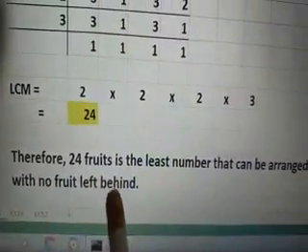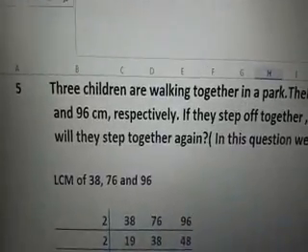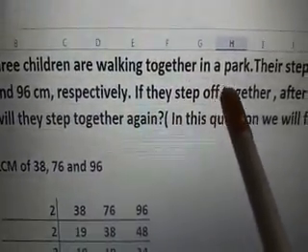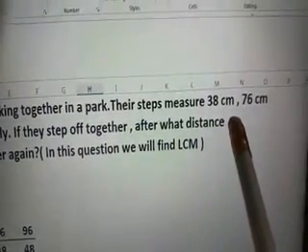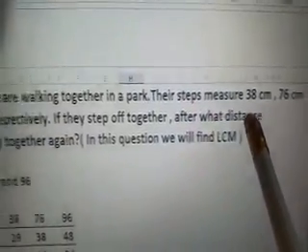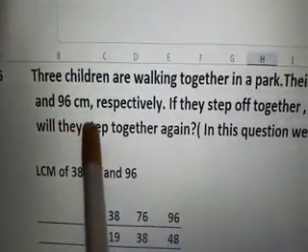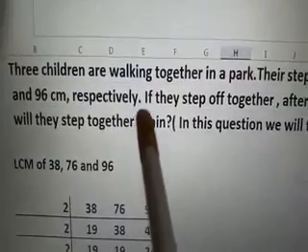Now the fifth part is, 3 children are walking together in a park. Their steps measure 38 centimeter, 76 centimeter and 96 centimeter respectively.